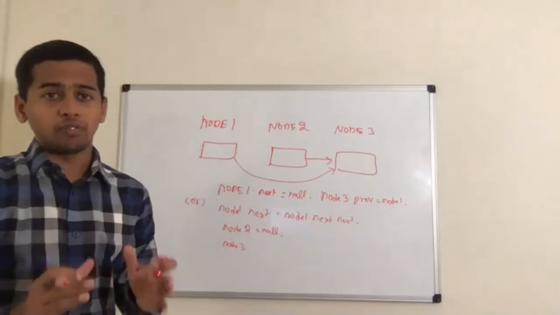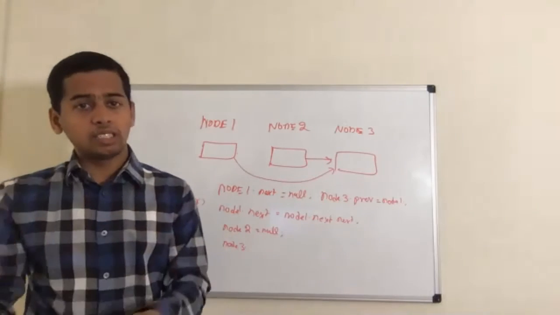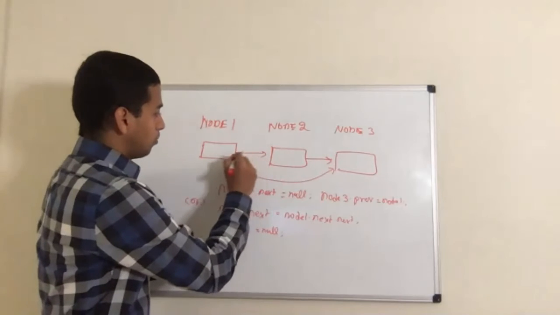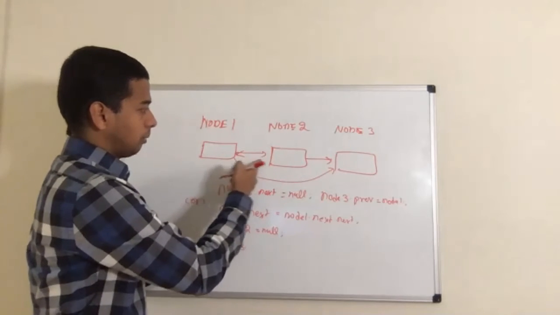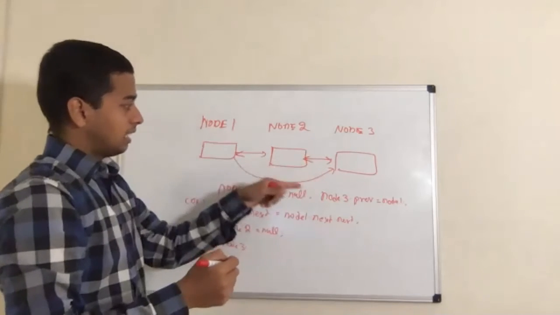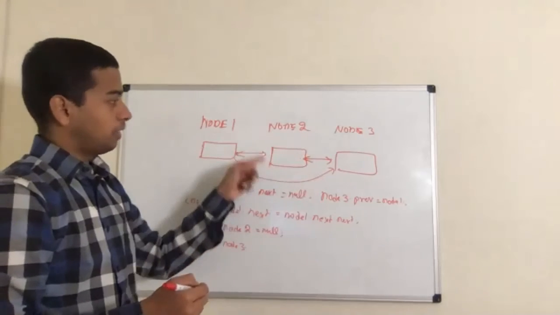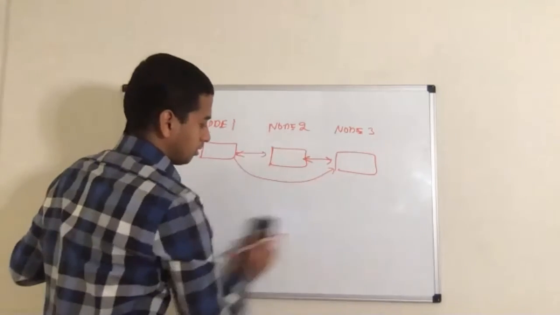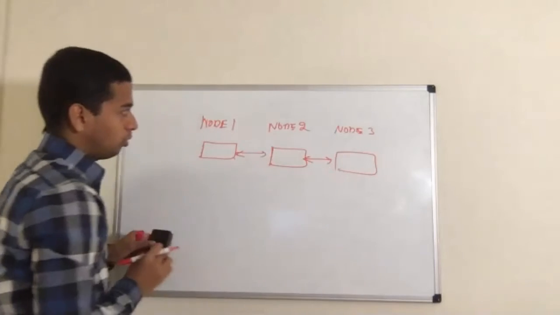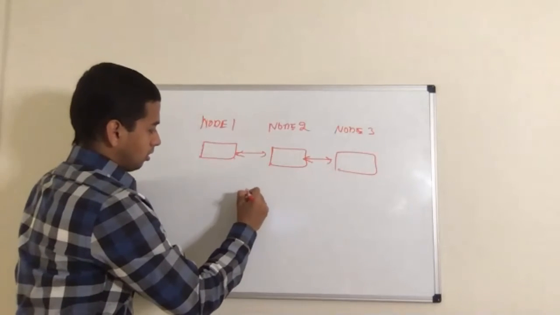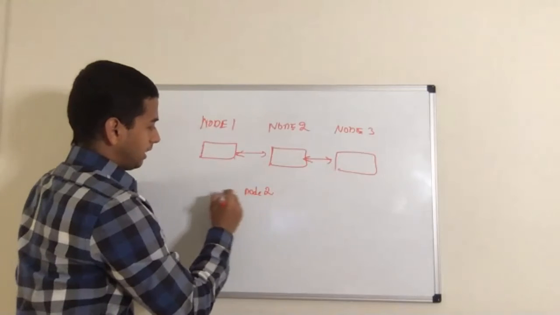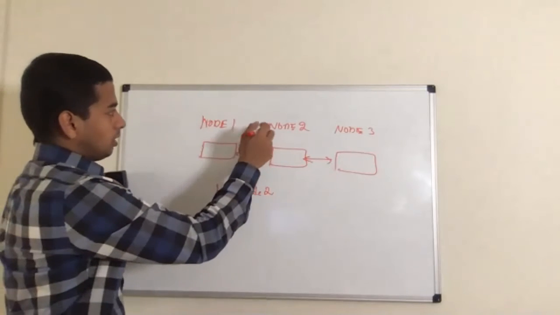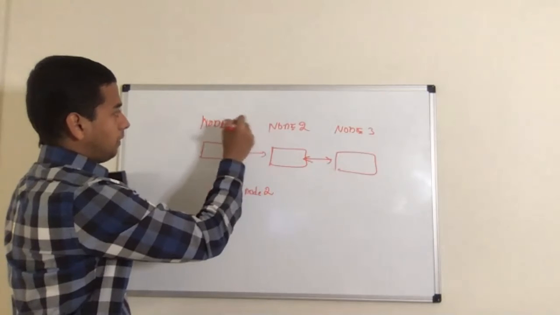So there are two types of linked list. One is a single linked list and one is a double linked list. If I do a double linked list, then I have to remove both links. So this is the double linked list. Okay, so it has next and it has previous. If I'm removing node 2, what should I do? I should take node 2 as my temp. So I should go to the previous of node 2.